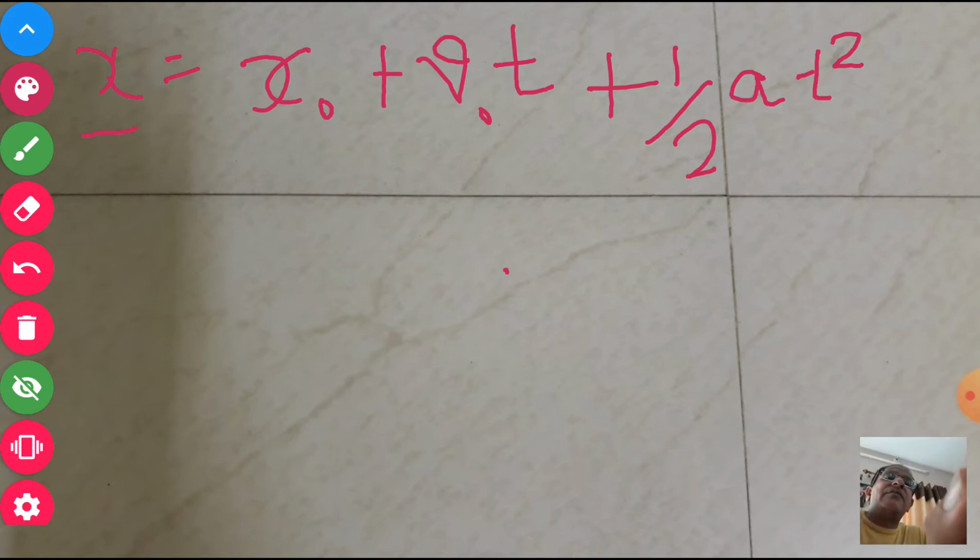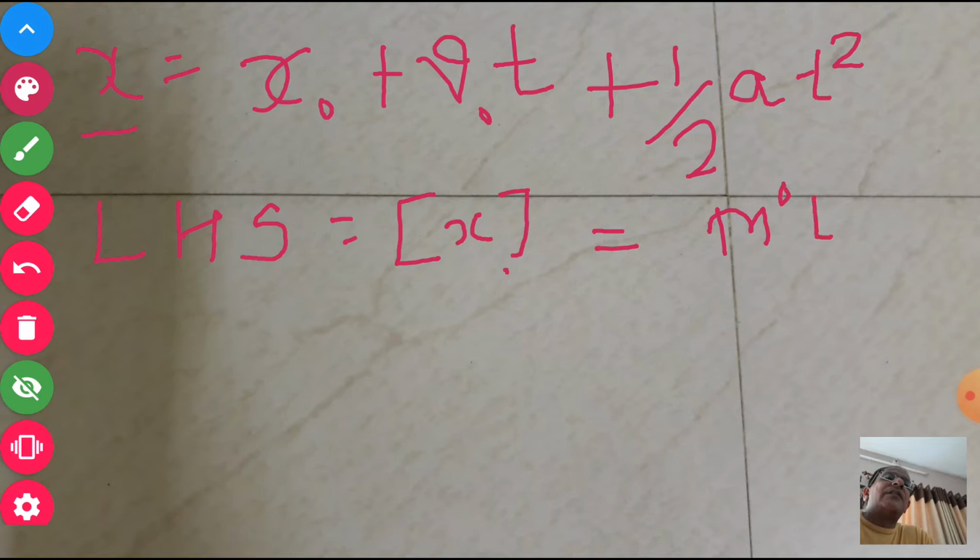So on the left hand side we have x, that is distance traveled, and its dimension will be m0 L1, because distance traveled is measured in meter, so L1 t0.